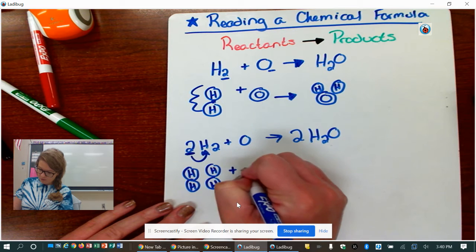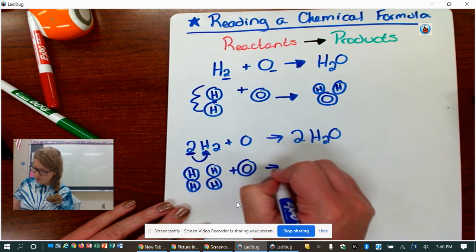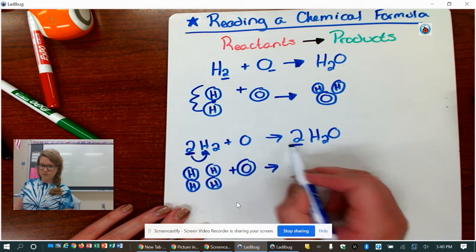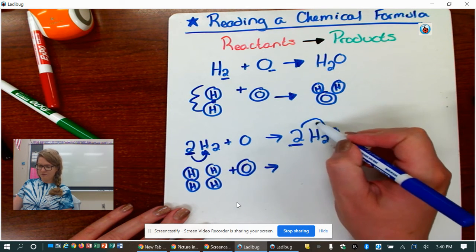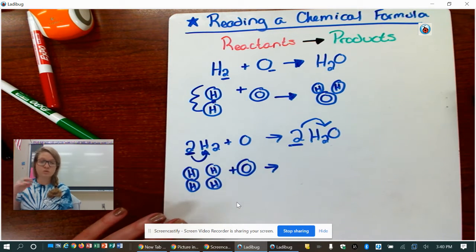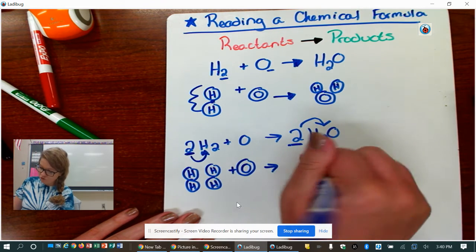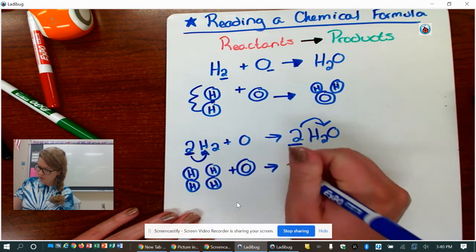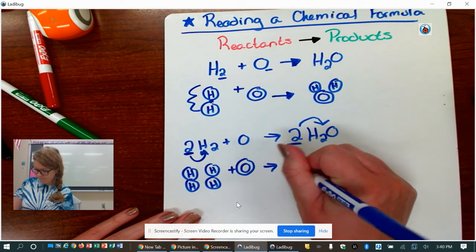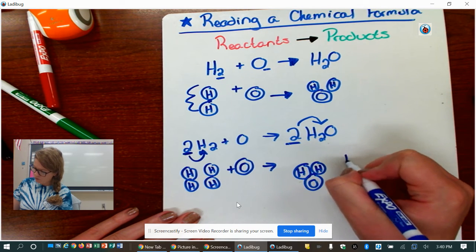Then you aren't bonded because then you have your oxygen right there. Yields, again, your coefficient is here. That's telling you that everything that goes behind it is doubled or tripled or quadrupled, depending on what number this is. So this right here is telling you that you have 2 H2Os, which means you have 1 and you have 2.